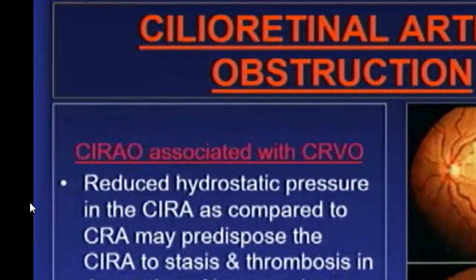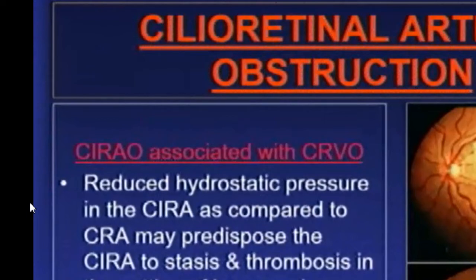Clinically, you almost always see an area of ground glass appearance in the distribution of the cilioretinal artery. If it's associated with central retinal vein occlusion, you might see tortuosity of blood vessels, indicating combined central retinal vein occlusion with cilioretinal artery occlusion. The mechanism is the difference between intraocular pressure and arterial blood pressure, with hydrostatic pressure driving the blood to this area.